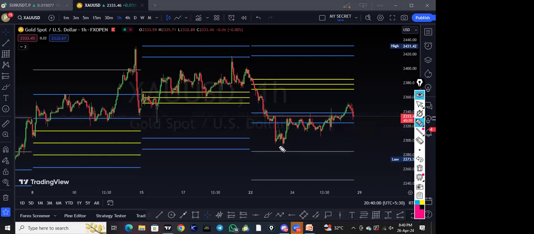Whenever it gives a massive move in one or 2 days, the next 2 or 3 days it will be sideways.